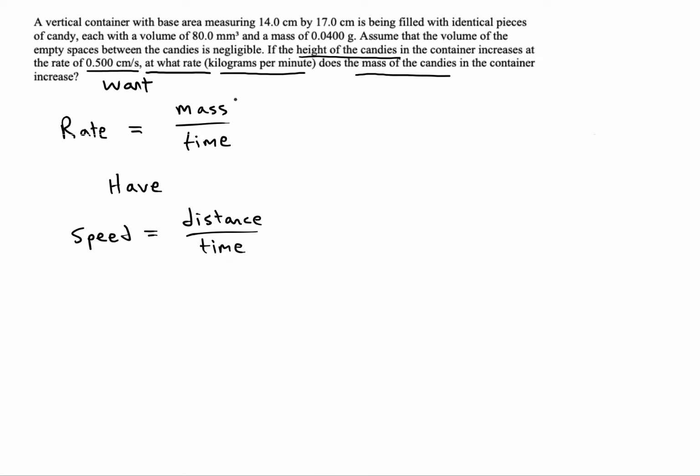So we know the area of the base, which would be just a length times width. So that's going to be 14 centimeters by 17 centimeters. But I don't like to work with centimeters. You could just do this, 14 times 17. But this is going to give us centimeters squared.